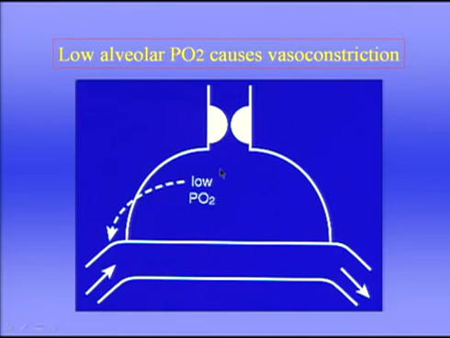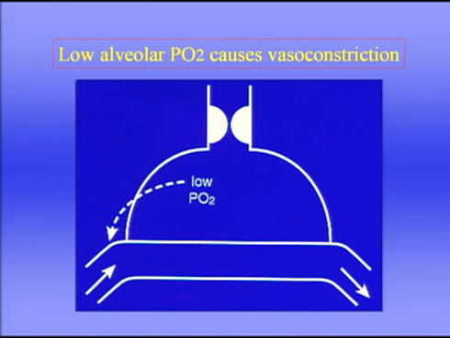Anyway, the low PO2 in the alveolar gas then affects the resistance of the supplying arteriole, the small artery supplying this region of the lung. The low PO2 causes vasoconstriction that reduces the blood flow here. So you can see that this is going to reduce the deleterious effects of the reduced ventilation of this region.